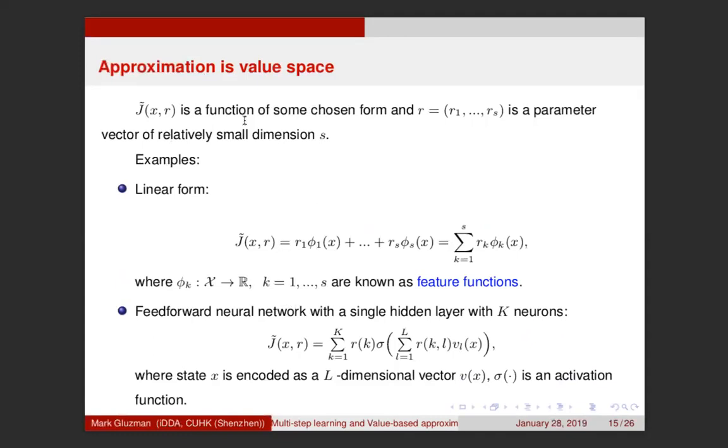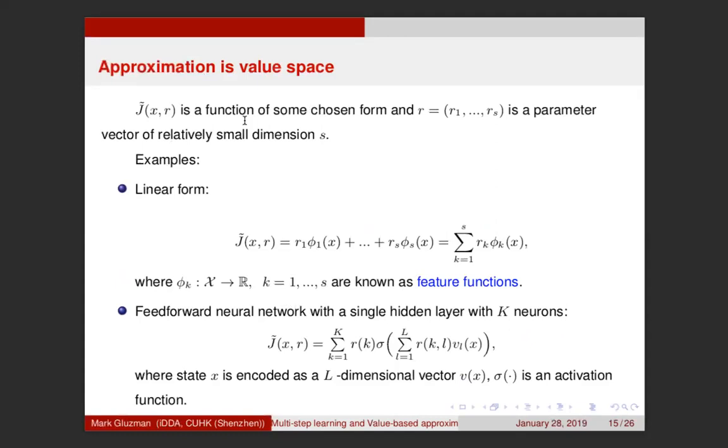It's a linear combination of feature functions. Basically, we choose some finite, very small set of functions phi1, phi2, up to phi s, such that we can easily calculate phi k of x. And we consider a linear combination of these feature functions.